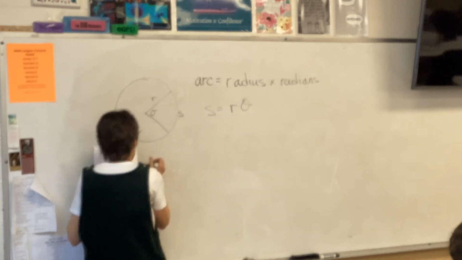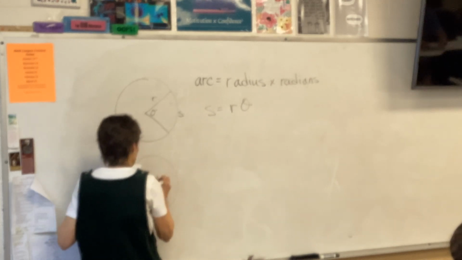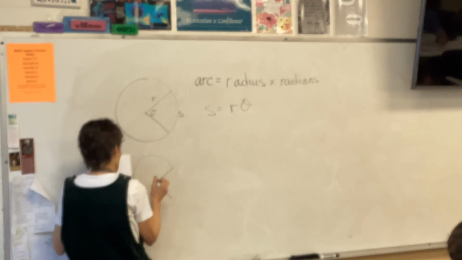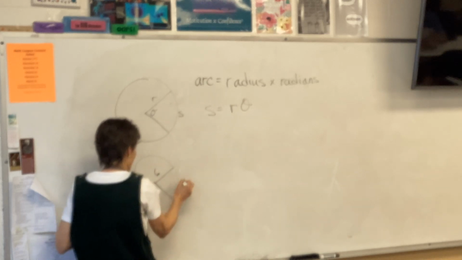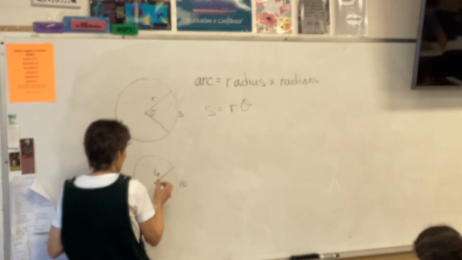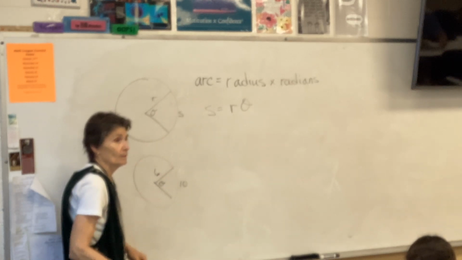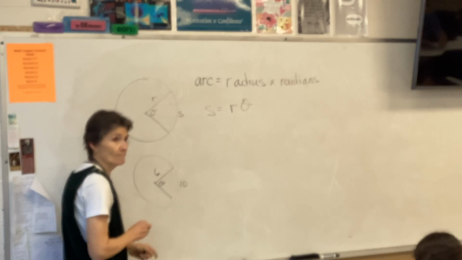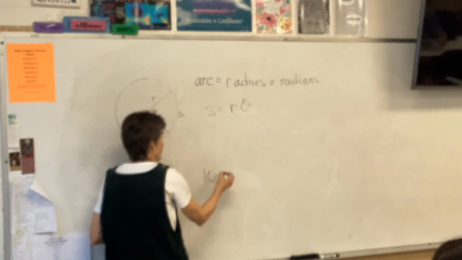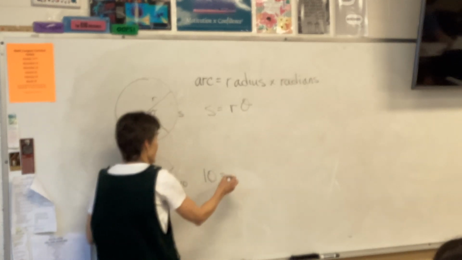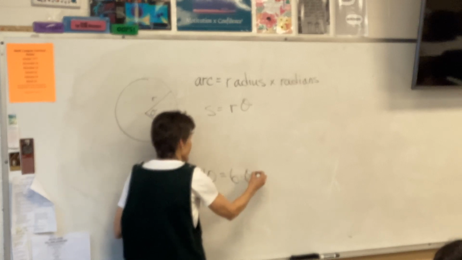Problem A. We have the radius is 6 and the arc is 10, and I need to find this central angle right here. Okay, so what's my formula say? Arc length equals radius times radians.